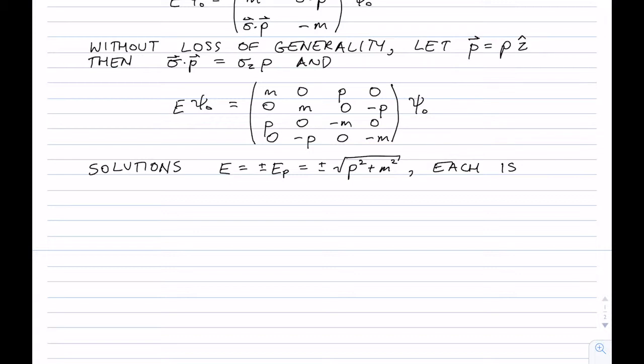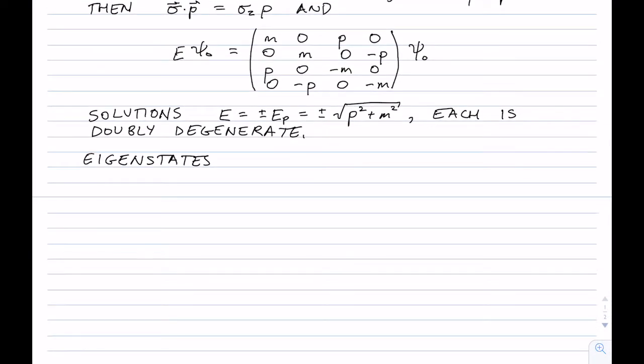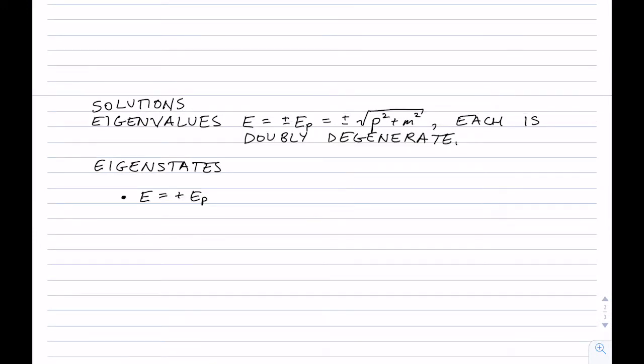is doubly degenerate. So if we look at the eigenstates, just rearranging that a little bit, sorry about that.